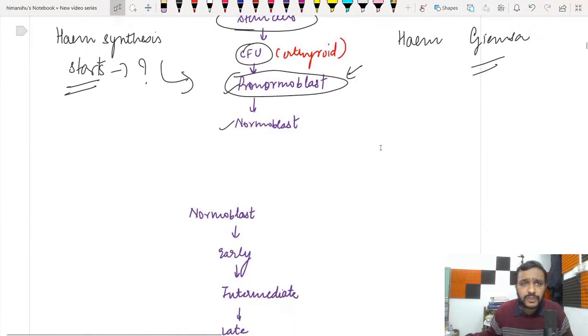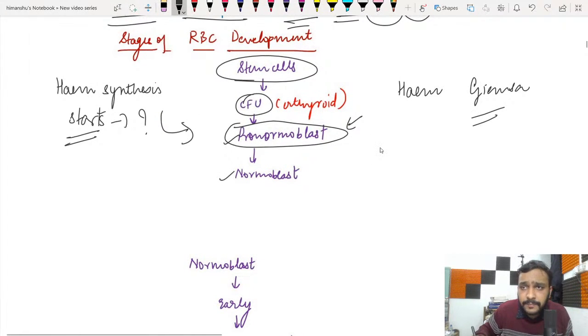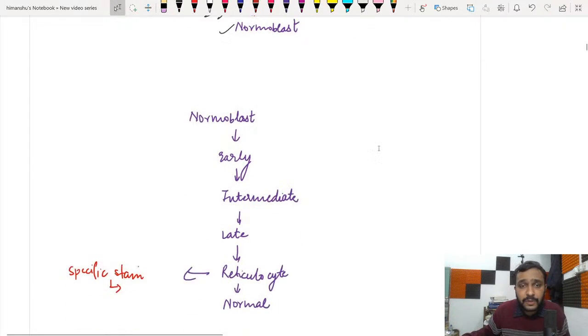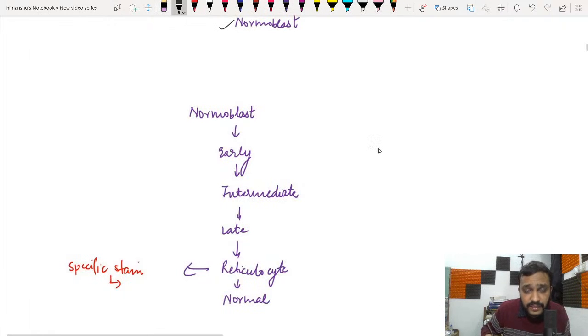My question was that heme is first detected by Giemsa staining. We all know that heme synthesis starts in the stage of pronormoblast. But this heme is first detected in the stage of intermediate normoblast.